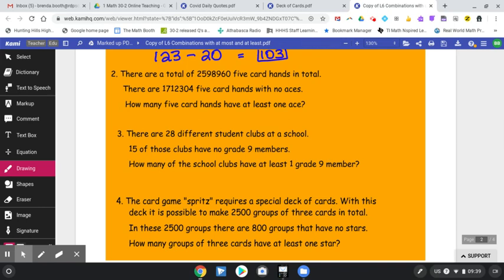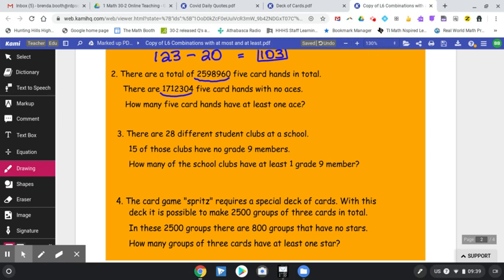Okay, and in this one, here's the total number of 5-card hands that you can make with the deck of cards. Here's how many of those hands have no aces. Well, all the other hands must have at least one ace.